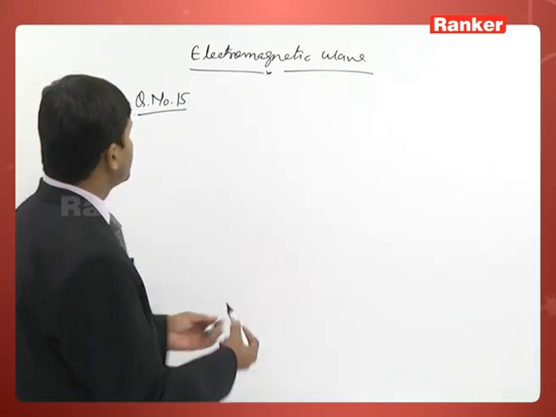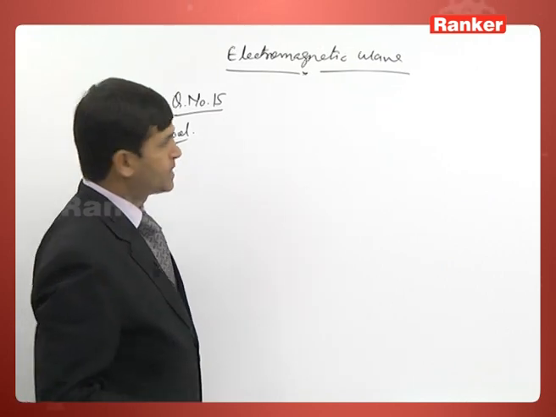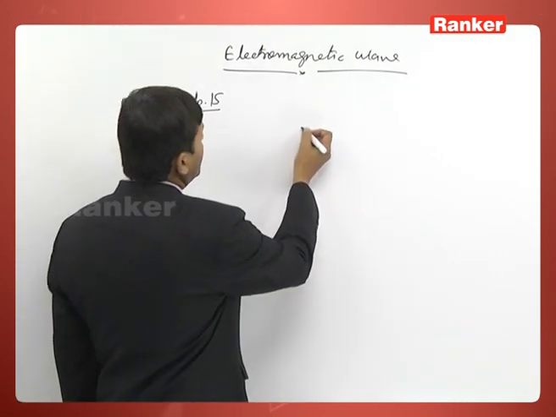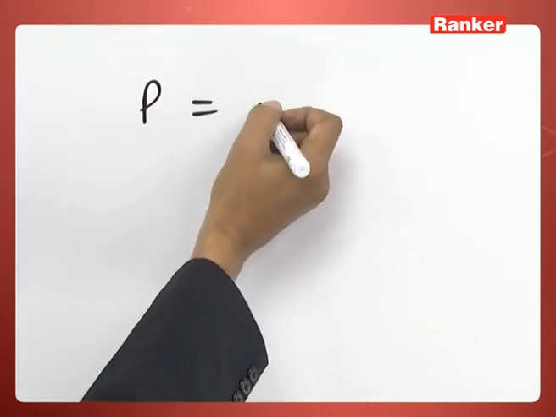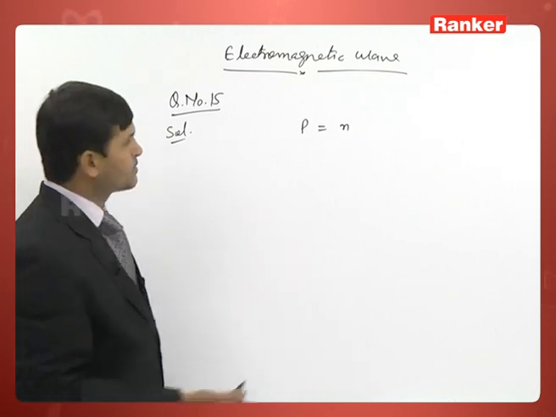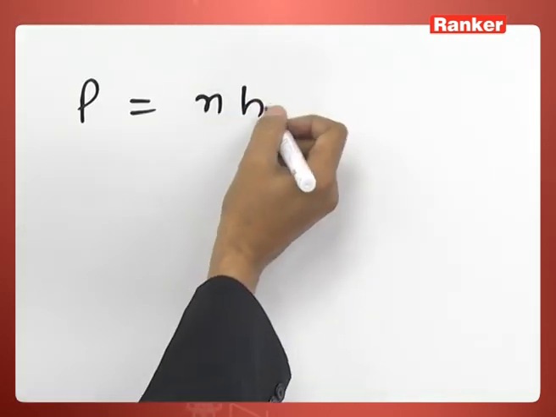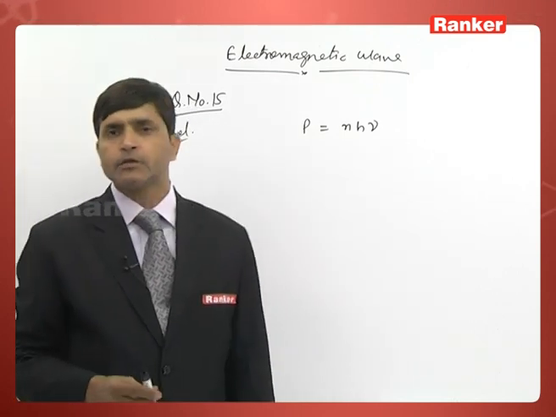First, we will find the frequency of radiation. So power is equal to n times the energy of each photon, where n is the number of photons emitted per second, and each photon has energy h nu.